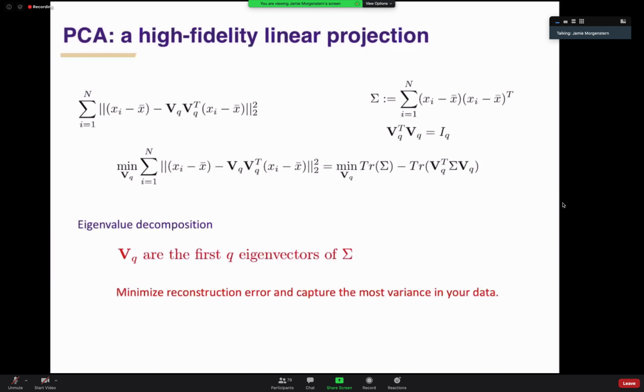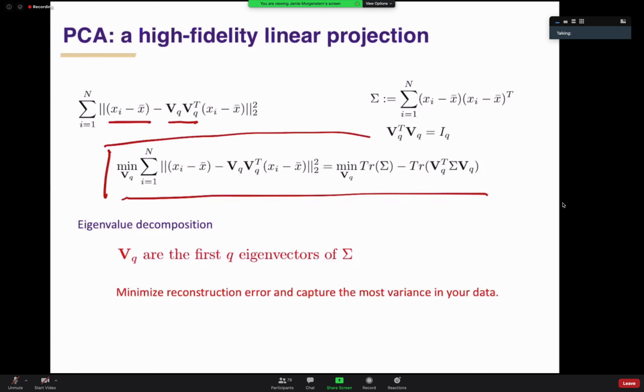Okay, so if we want to write this out more mathematically, we are looking at our normalized data points, or sorry, we've subtracted the mean from each of the data points, right? And then we're looking to project those data points into some q-dimensional space. And that can just be written as the following optimization problem.